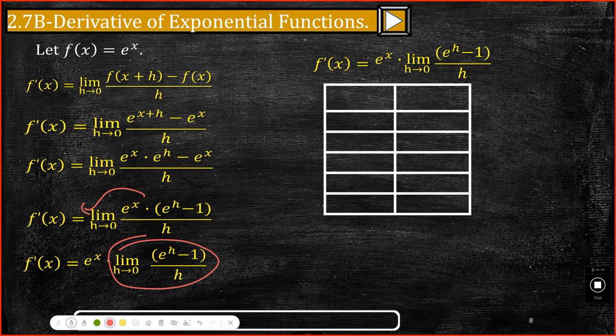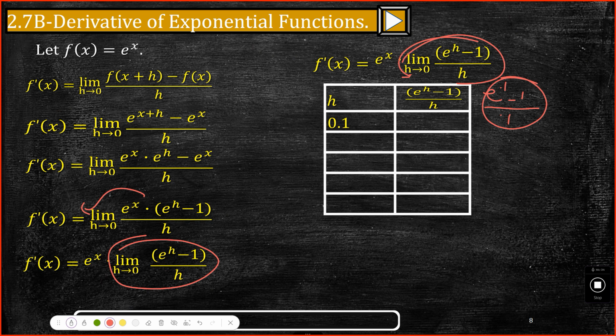So we're looking at this. We want h to approach 0. So let h be 0.1, and then get it closer to 0, 0.01. If we plug this into a calculator where h is 0.1, we have e to the 0.1 minus 1 over 0.1.